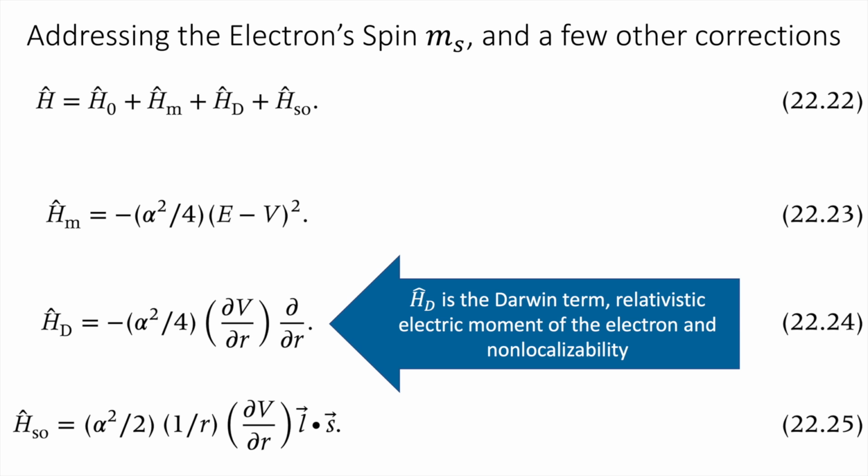It is a relativistic electric moment of the electron and non-localizability. That's a lot, but basically, what's the major difference between Schrödinger equation quantum mechanics and Dirac equation quantum mechanics? It's relativistic effects, right? We've completely ignored relativity in the Schrödinger equation. Dirac accounts for relativity, so this term is to account for relativistic effects.